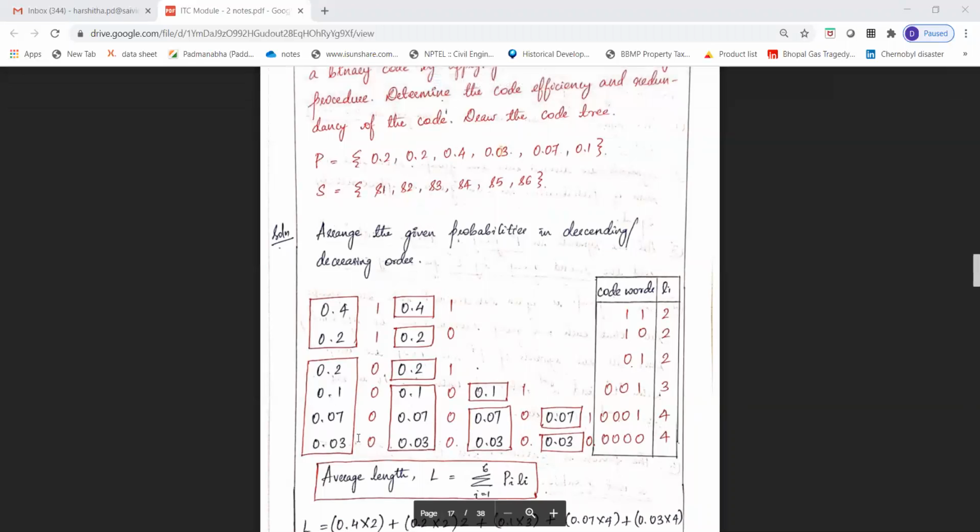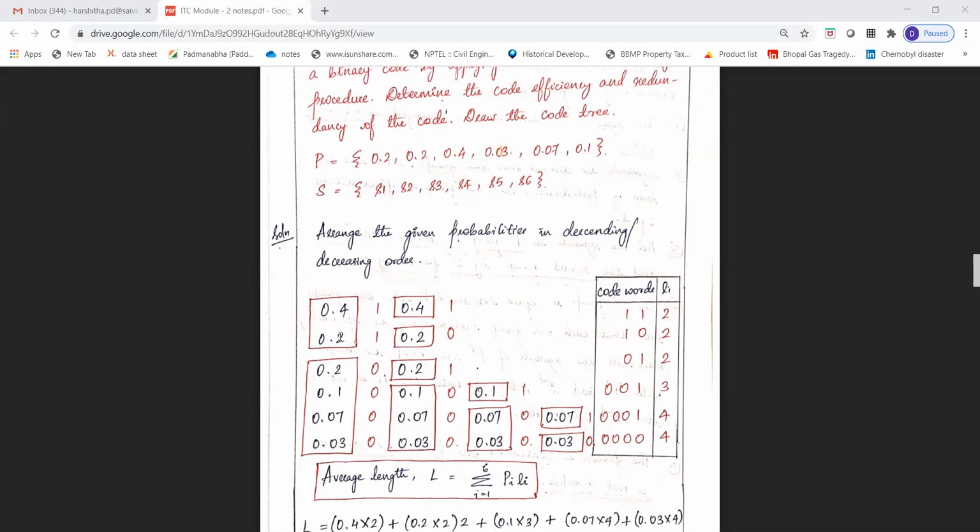After this, I'm supposed to group. So based on what am I going to do the grouping? What is the logic that I'm going to use to group the probabilities? I use this logic: the sum of the probabilities in each group is approximately equal to the other group.